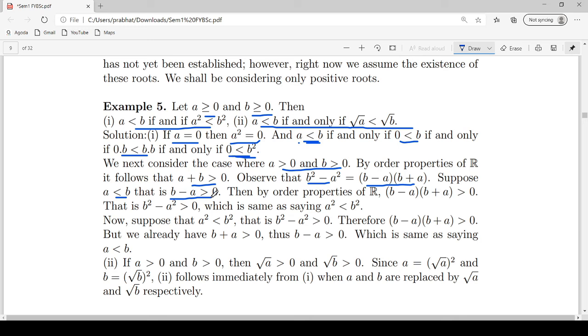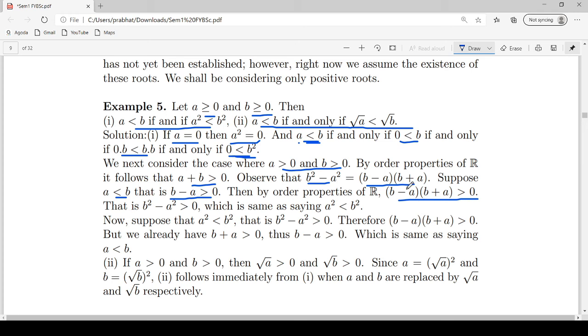Therefore, by order properties of R, you can say B minus A into B plus A is also greater than 0, because B plus A is already greater than 0 and A less than B implies B minus A greater than 0. Therefore, the product of B minus A and B plus A is greater than 0.